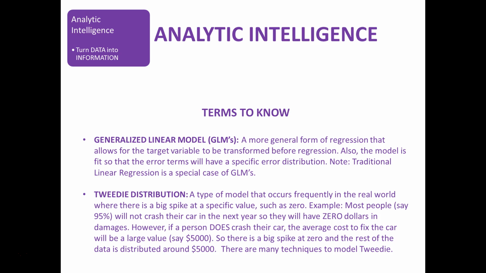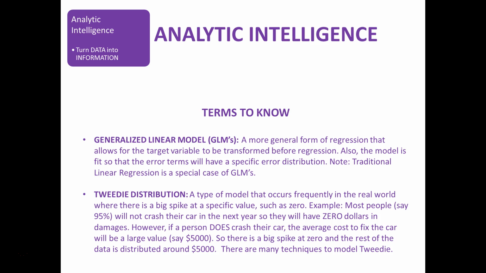The other thing you're going to hear a lot of is Tweedie distribution. What's Tweedie distribution? You hear it a lot in the insurance space, but it actually applies in many other fields as well. The concept is this. You'll have a big spike at 0. And that big spike at 0 is that most people in, let's say, the insurance world, don't crash their cars. 90% of the people don't crash their car, or even higher.